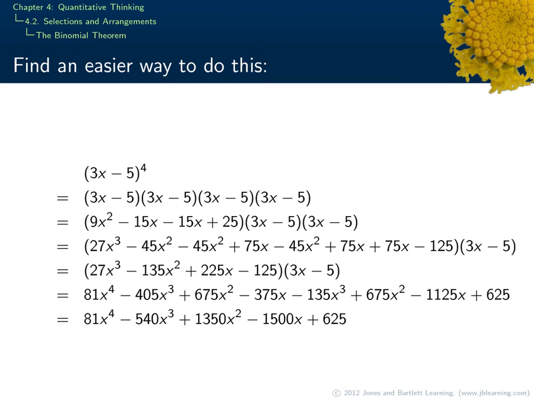And remember, you've got to multiply them incrementally and account for middle terms and all this other stuff. And it becomes just a very, very nasty calculation. Ultimately, you wind up with this polynomial, which is 3x minus 5 to the fourth power.